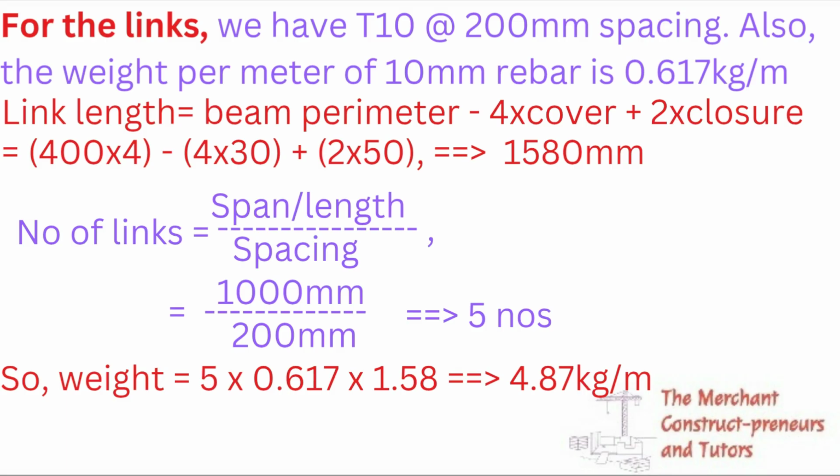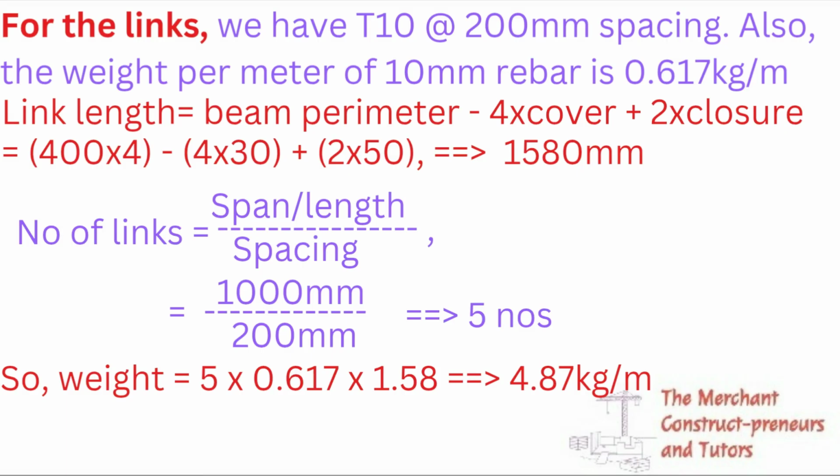We have it as 1580 millimeter. Then number of links, we are considering a 1 meter strip. So 1 meter divided by 200 spacing, we have 5 numbers. So total weight will now be 5 multiplied by the weight per meter of the link size times the link length. So we're able to get that for the link as 4.87 kilogram per meter.